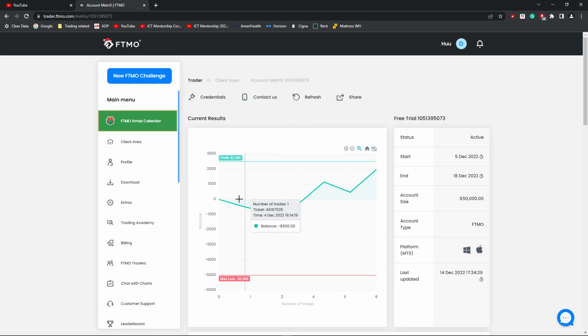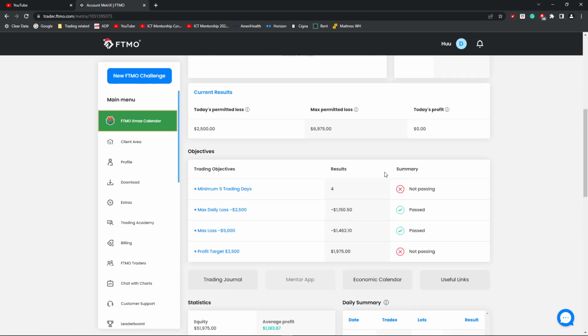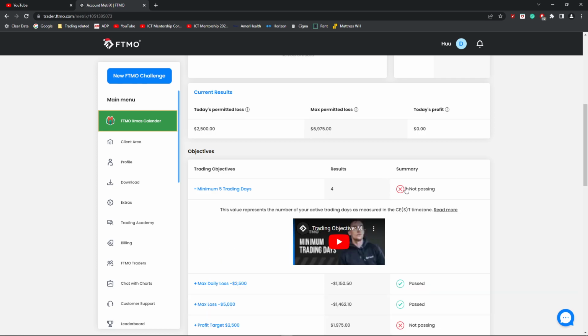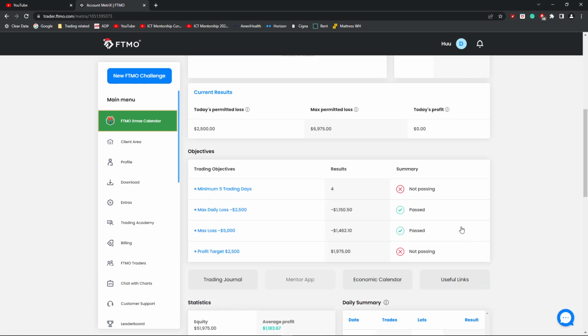So you can see here it took a dip at the beginning, got the momentum, 1 to 3. So one trade basically pushed me through the threshold, and then another trade here for another loss, and another trade, and then pushed me right up here to the profit level. Just take a 1-on-1 risk ratio, and that's pretty much it. But essentially, we didn't really trade even 5 days yet.